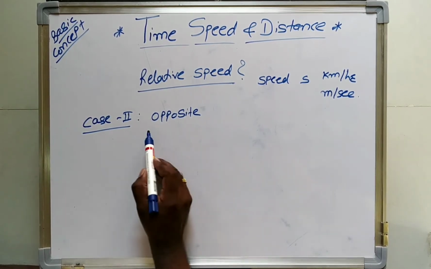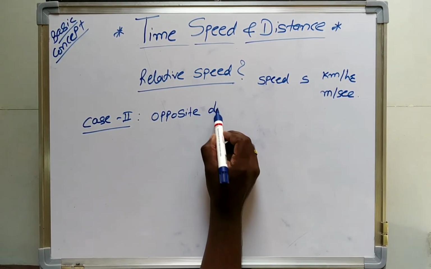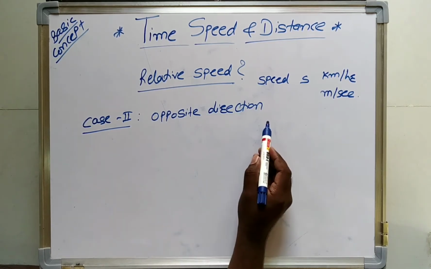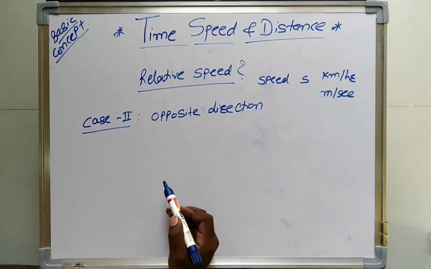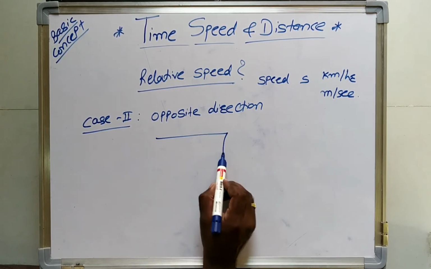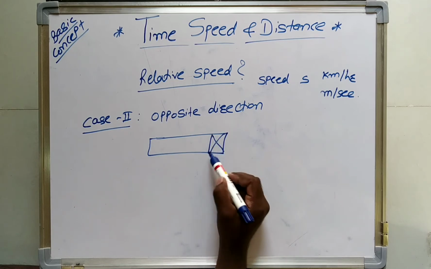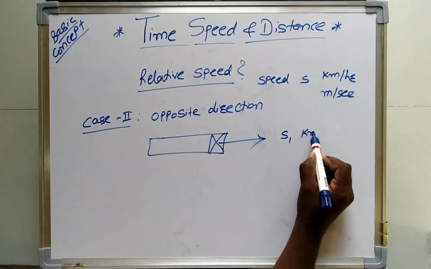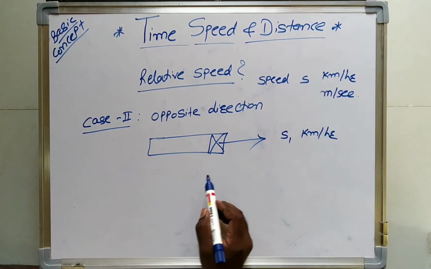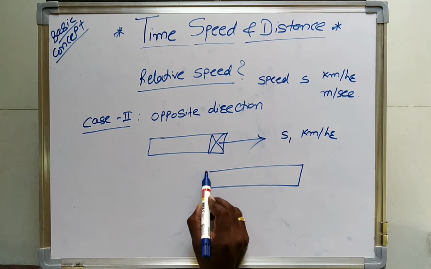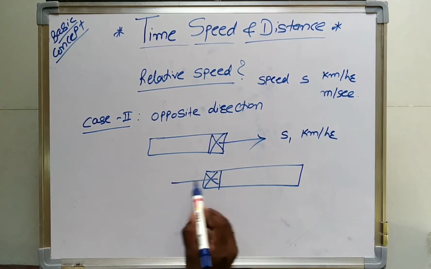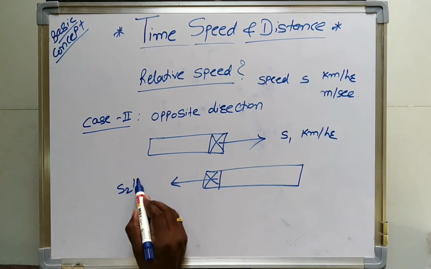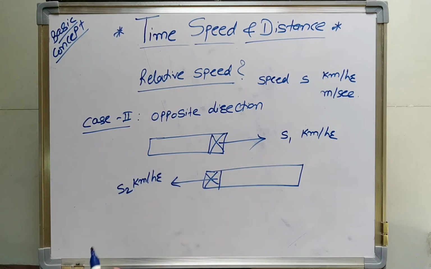Now we will see case 2, that is if both the objects are moving in opposite direction. Suppose let's take an example of a train. This is the train which is moving in this direction with s1 kilometer per hour, and this is another train which is moving opposite to the first train with the speed of s2 kilometer per hour.